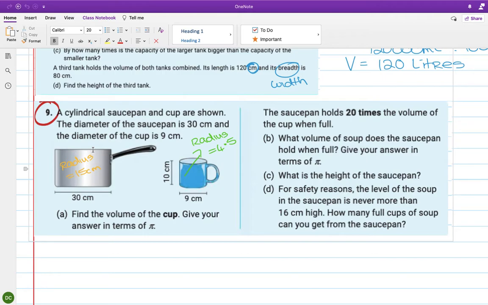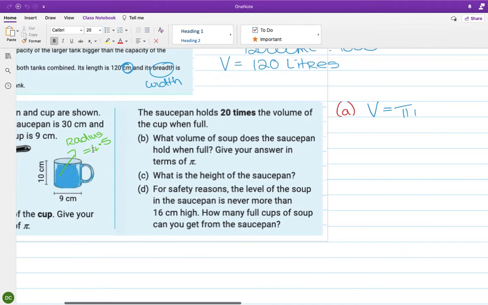So A, find the volume of the cup and give your answer in terms of pi. Okay, so they said it was a cylinder, and the volume of a cylinder is pi r squared h. Okay, so pi we're going to leave because they want it in terms of pi. The radius I've already written down is 4.5, and we're going to square it, and then the height is 10.